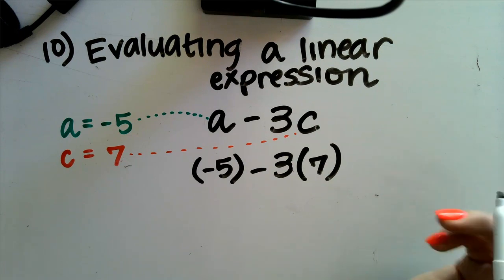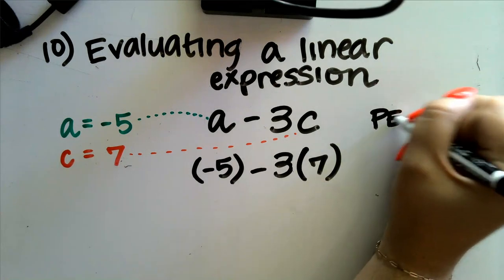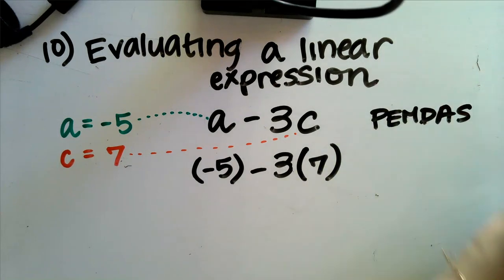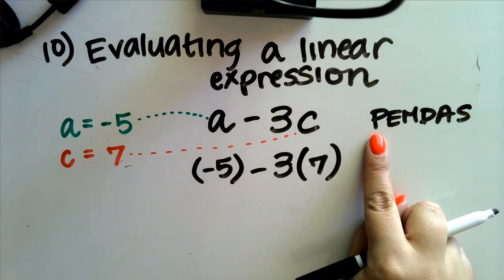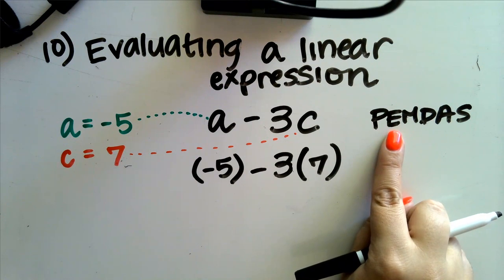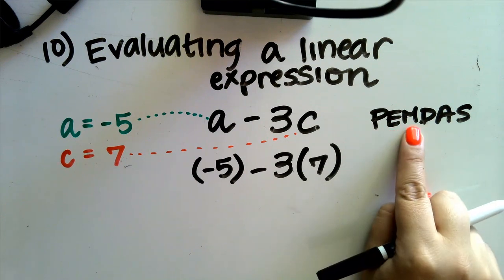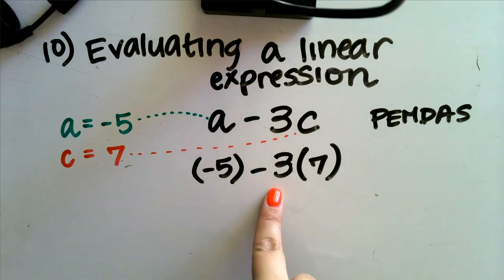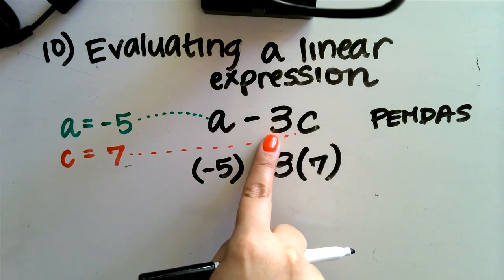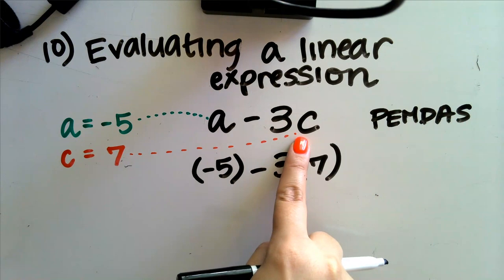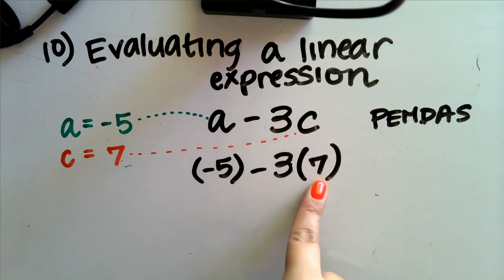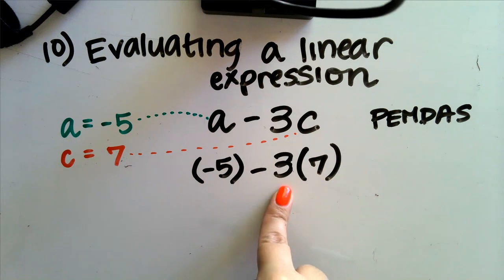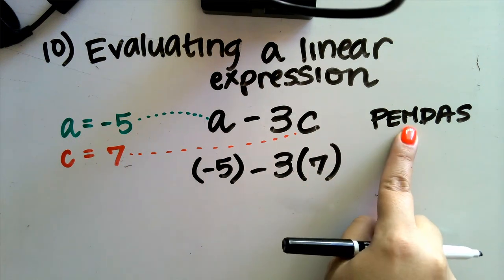And now we just evaluate using our order of operations. So let's think about this. First up, we got parentheses, and I don't see that there's any operations happening inside our parentheses. Move on. Same with exponents, I don't see any. But I do see some multiplication. I know that this coefficient, or this 3, is sitting next to my variable c, and I know that anytime things are sitting right next to each other, that means multiplication.